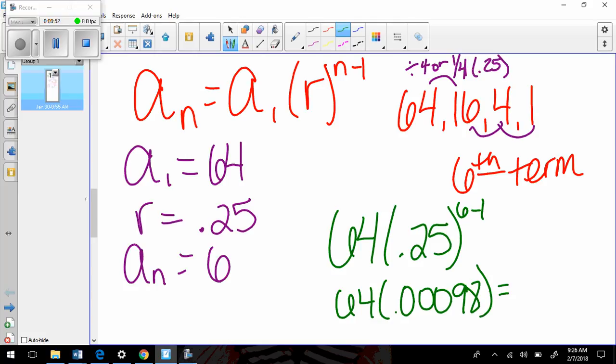So then 64 times 0.00098 is 0.0627. So this would be my sixth term for this sequence. And that is how you write an explicit geometric function for finding the nth term in a sequence.